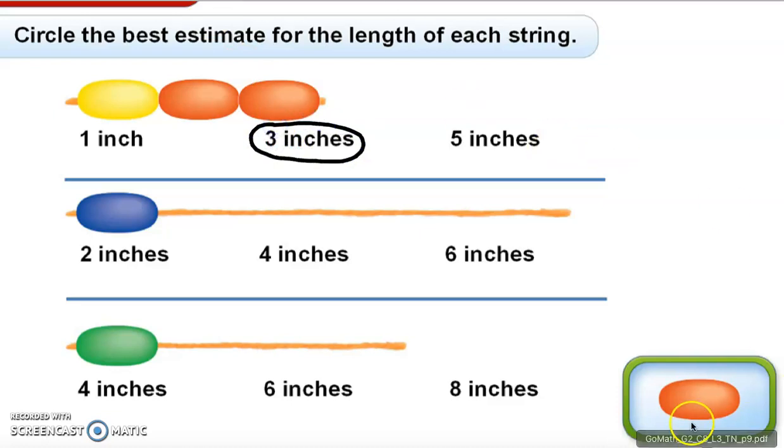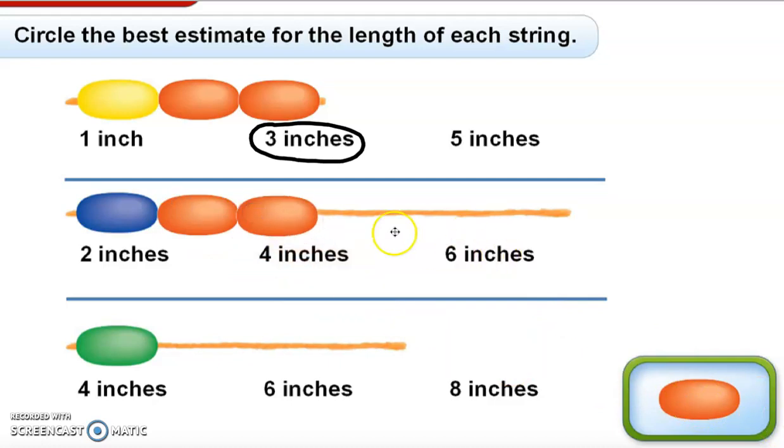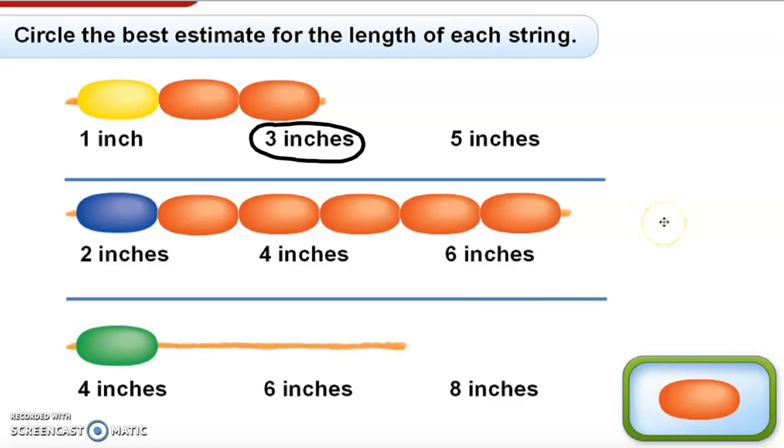Okay, let's try the next one. Our options are 2 inches, 4 inches, and 6 inches. Again, I'm going to use my beads to cover up this string, so that we can get the best possible measurement. This one's quite a long one. For the most part, that string is completely covered up.